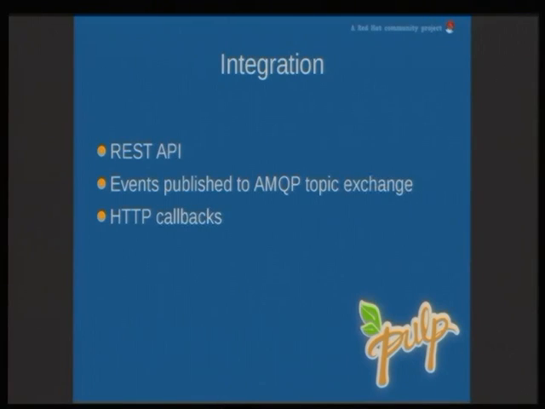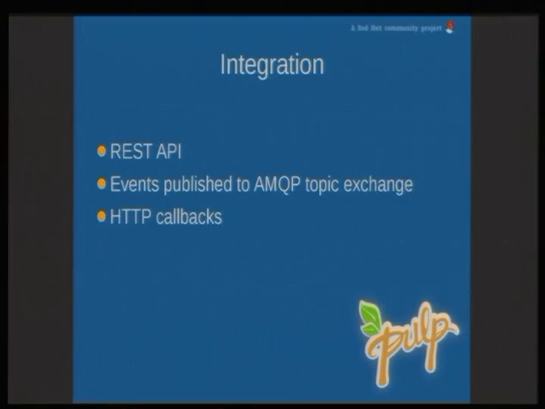If you want to have some response to some action, like, I don't know, a successful publish, you can have these events published to an AMQP topic exchange. To be clear, AMQP is a message broker. So you have a message producer that sends the messages to the exchange.